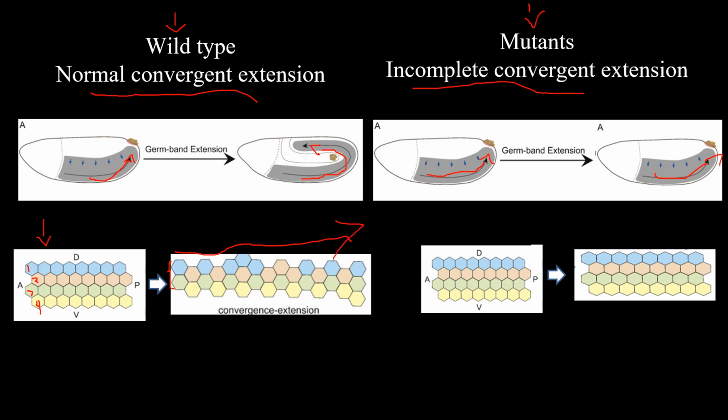When you have a mutation, and there are multiple mutations, you keep 1, 2, 3, and 4 rows. Later maybe there could be changes in cell shape, they get longer, but the process of mixing of the cells, the intercalation of the cells, doesn't happen.